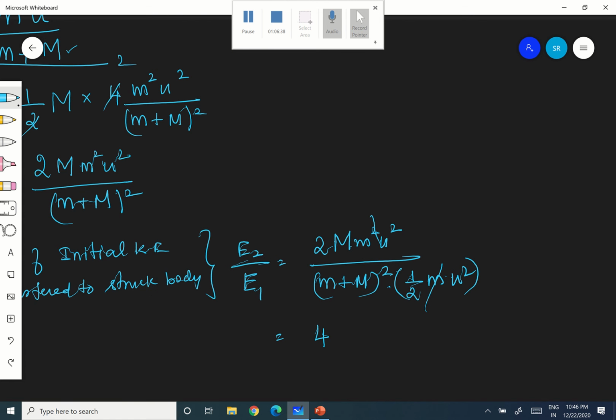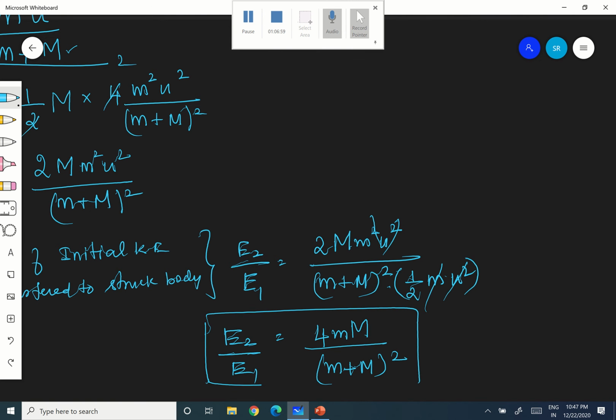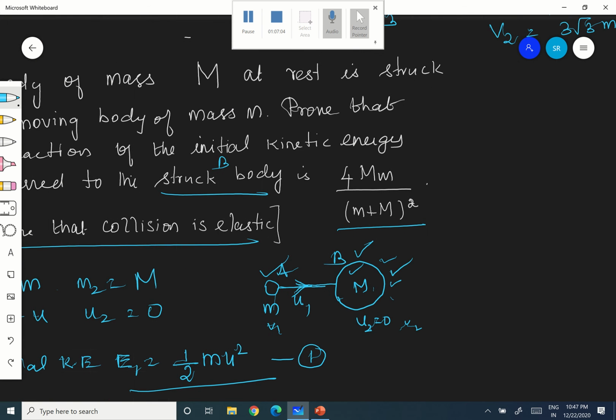Therefore, you will get 4 small m capital M divided by, here U squared will go, m plus capital M the whole squared. Therefore, this is the fraction that is transferred to the struck body: 4 m M by m plus M the whole squared. Clear? So this is proved.